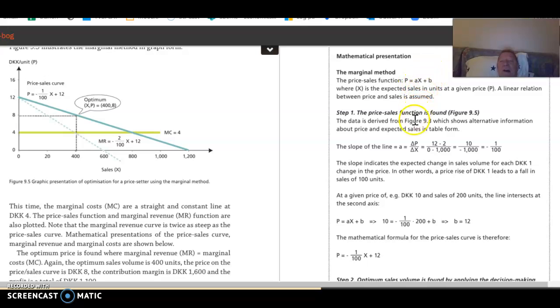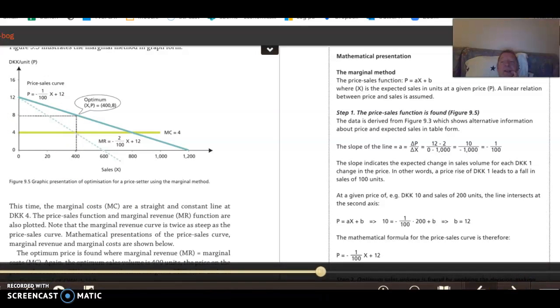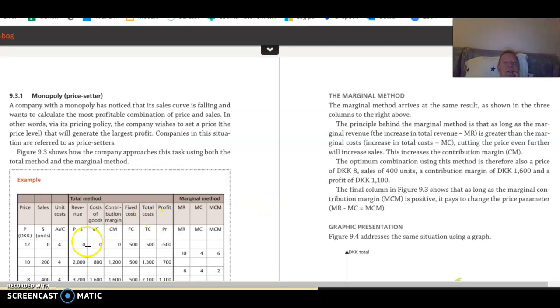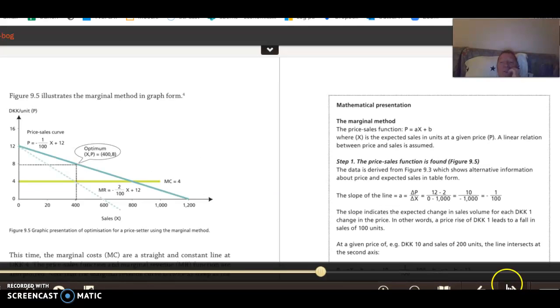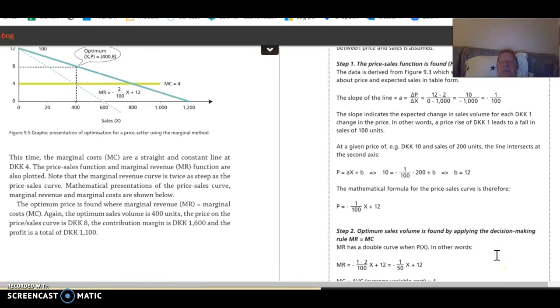Now we need to find out what is the B. At a given price, let's say 10, at a sale of 200 units, it's not shown here, so let's go back and look at the table. You can see here, price of 10, the volume will be 200. So that is one of the points on the straight line.